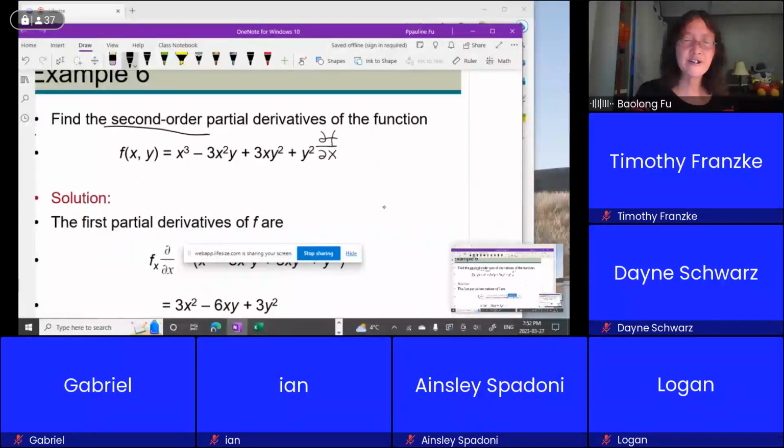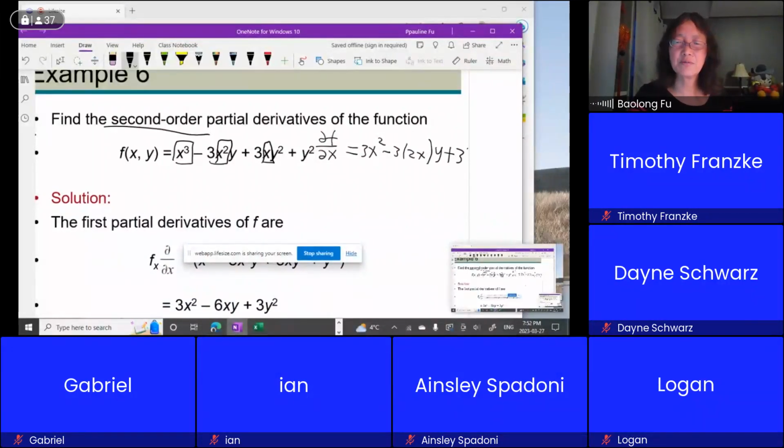When you do x, consider y is constant. Only focus on x. Everything else is constant. So x cubed, 3x squared. Okay, x squared, it is 2x. Y is a constant. 3x is just 3. Y squared is constant. And the constant derivative is 0. This one derivative is 0. Okay. So I got the first derivative.